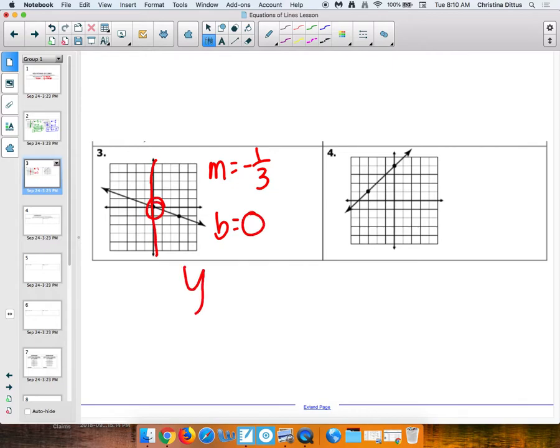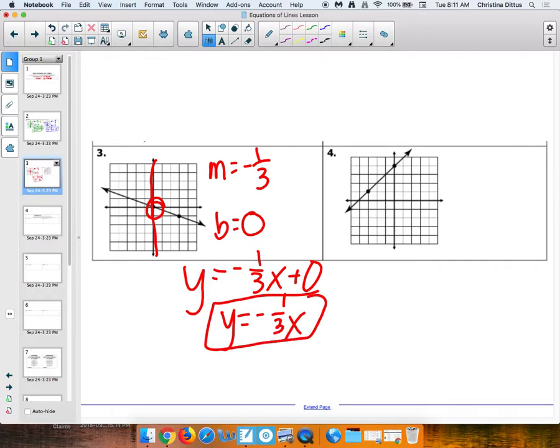So when I put that in the equation, I get y equals negative 1/3 x plus 0. I do not need to add 0. If you just want to leave negative 1/3 x, that is what I would do. If you want to have the plus 0 to double check, that's fine. Either of those work.